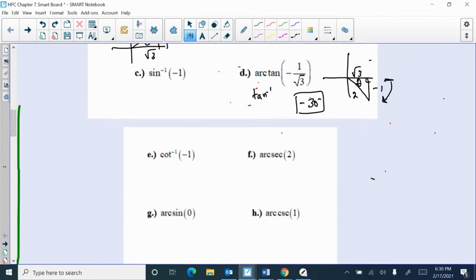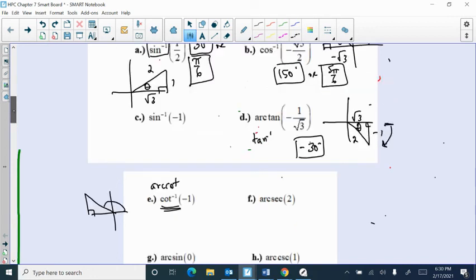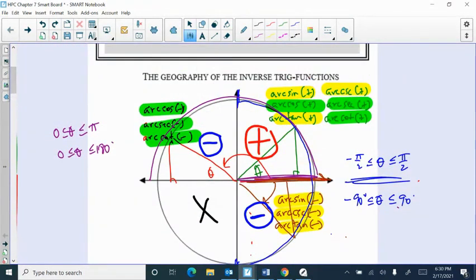Okay, I'm still going to circle back up to C eventually, but I also want to look at E next. Arc cotangent or inverse cotangent of -1. So again, thinking about where does cotangent get drawn when you're negative. Cotangent is going to be over here in quadrant 2 when it's negative. And again, you just have to know that geography. So I'm back up here. Oh yes, look at there it is. Arc cotangent negative, perfect.